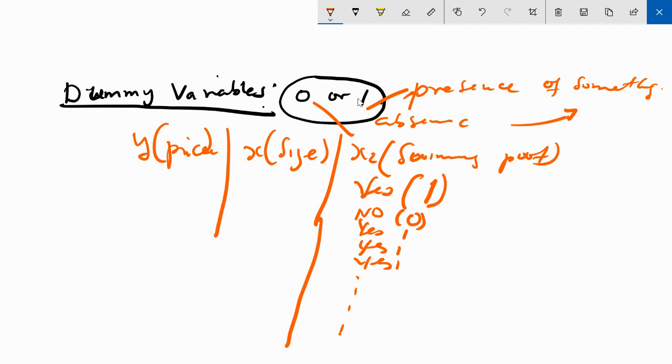Now I want to move to a case where you are having 3 options. Let's come up with examples where one can have a categorical variable with 3 options. So let's go back to our example, maybe the last example. We have the selling price, we have the size of the house, we have the age of the house.